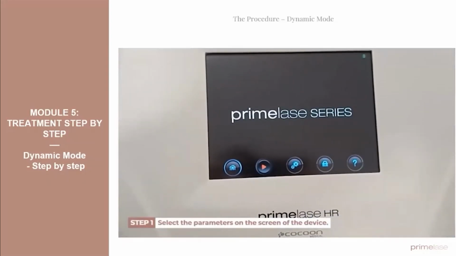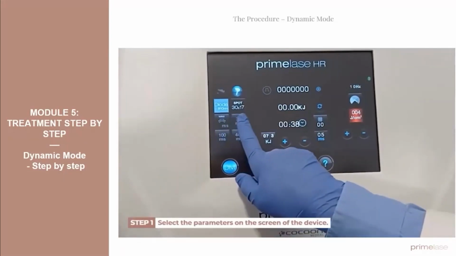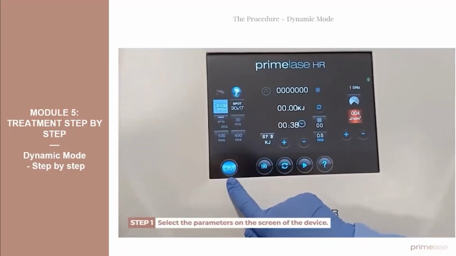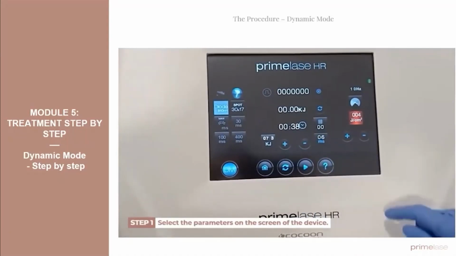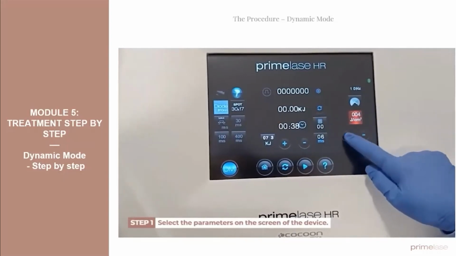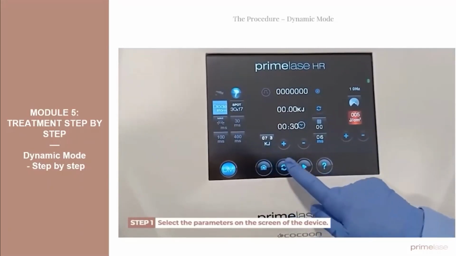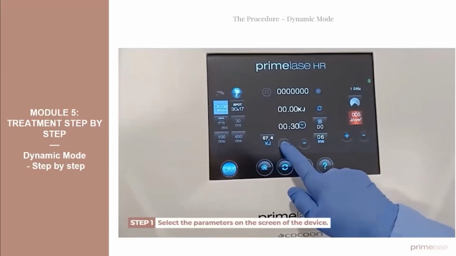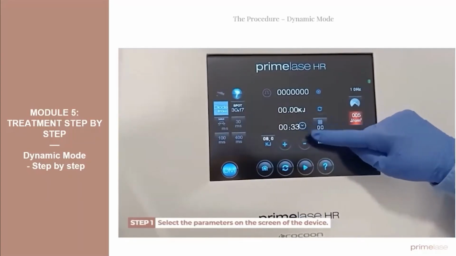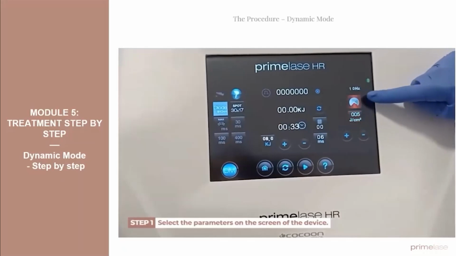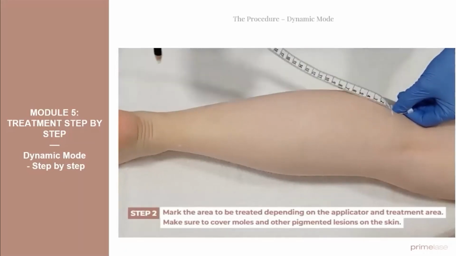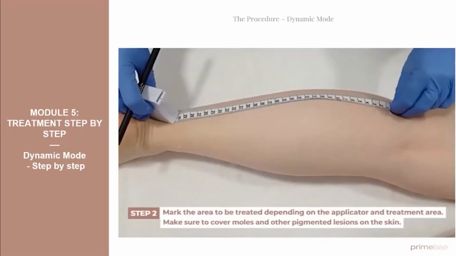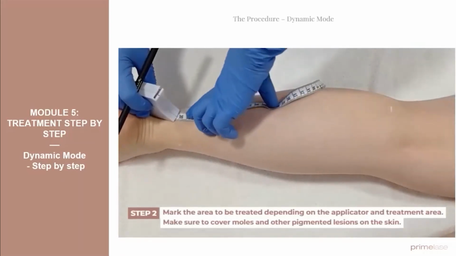So we start again, we press play. In dynamic mode, here we write the milliseconds, so pulse duration, the joules per centimeter squared, so fluence, and the accumulated energy, which is the other parameter needed for this dynamic mode. Finally, the device will give us a timing, and that will be the time in which we will be delivering all the energy. So we mark the grid. In this case, this operator is using the 30 by 10.